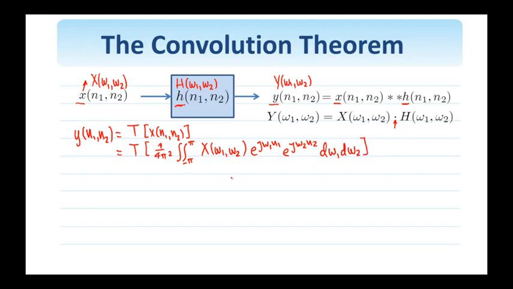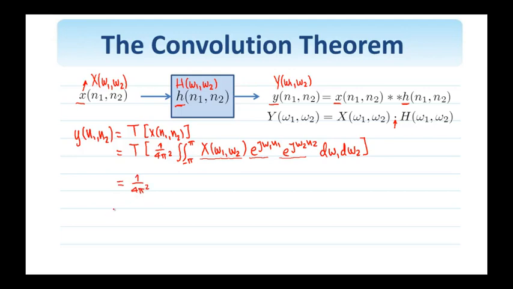Actually, the inverse Fourier transform tells me that you can think of any signal x(n1, n2) as the weighted sum of these complex exponentials, where the weights are indeed the values of the Fourier transform. Now, since the system is linear and assuming all the signals here are well defined, I can interchange the order of integration and the operation of the system.